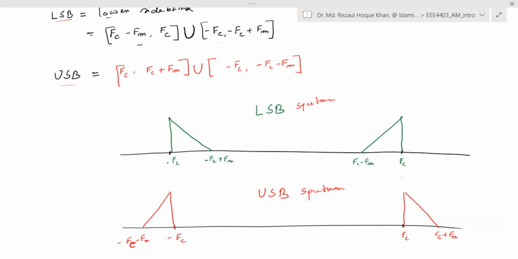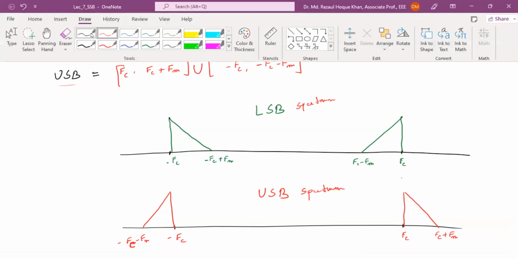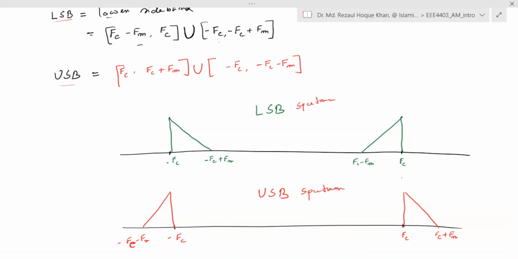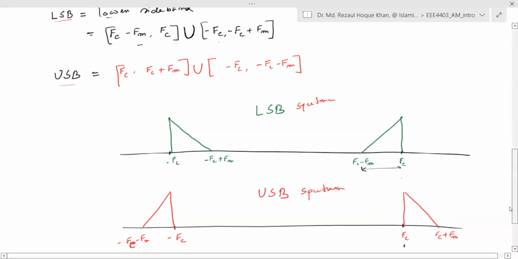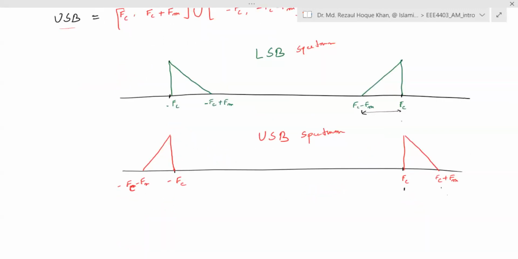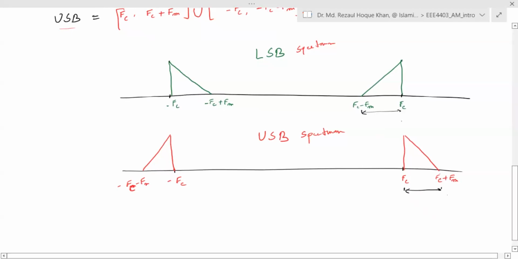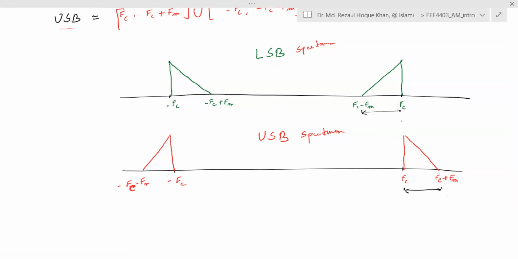In both cases, the passband signal bandwidth is FM. For LSB from here to here, and for USB from here to here, these are the passband bandwidth.